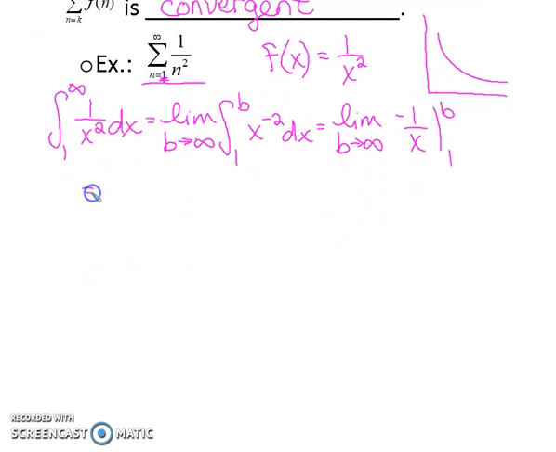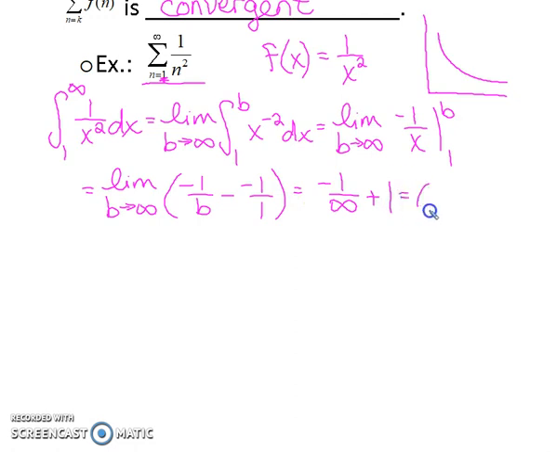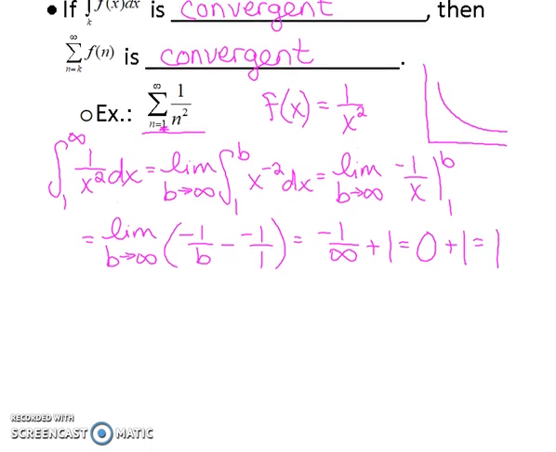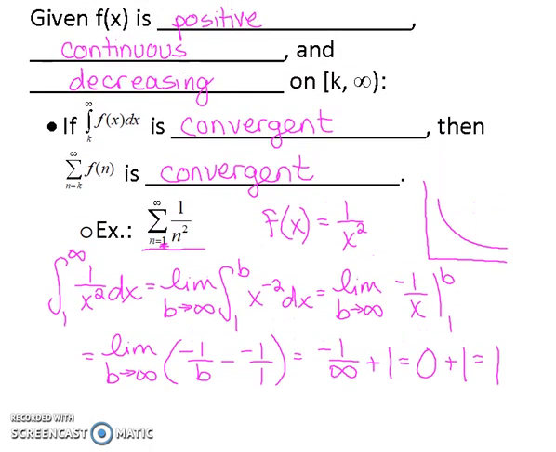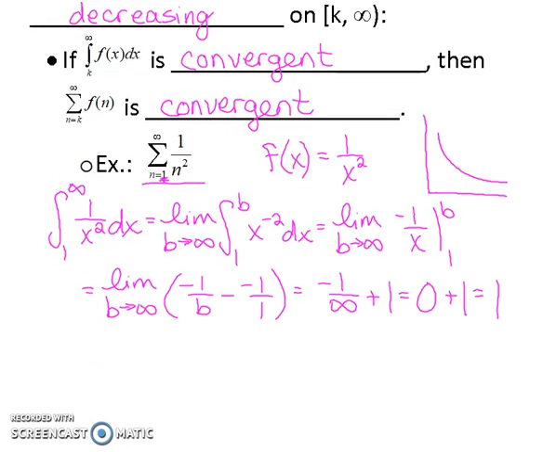So continuing to evaluate that, I would have the limit as b goes to infinity of negative 1 over b minus negative 1 over 1. So with substitution, we get negative 1 over infinity plus 1, or 0 plus 1 is 1. So what the integral test tells us is that if I get an answer for this improper integral, something other than infinity or divergent as an answer, then because the integral converges, the series would converge as well.